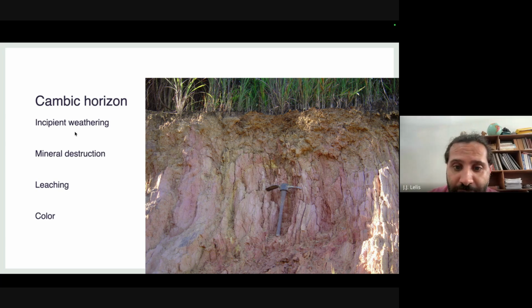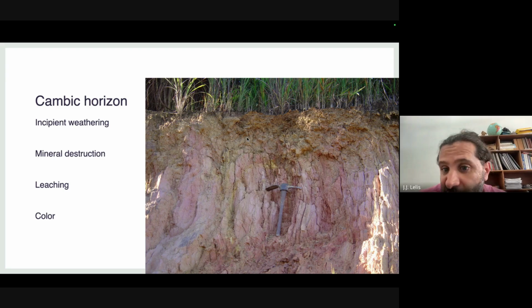The color should be different from the color of the saprolite. So, for example, in this photo, you can see this pinkish color. It's connected to the C horizon. And here we have a B horizon with some structure, but it's a very thin B horizon. And the structure, I'm telling you, is not very well formed.